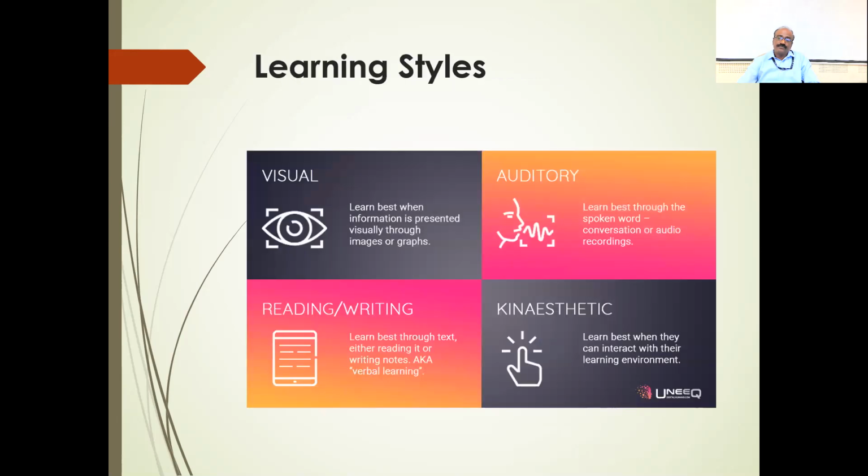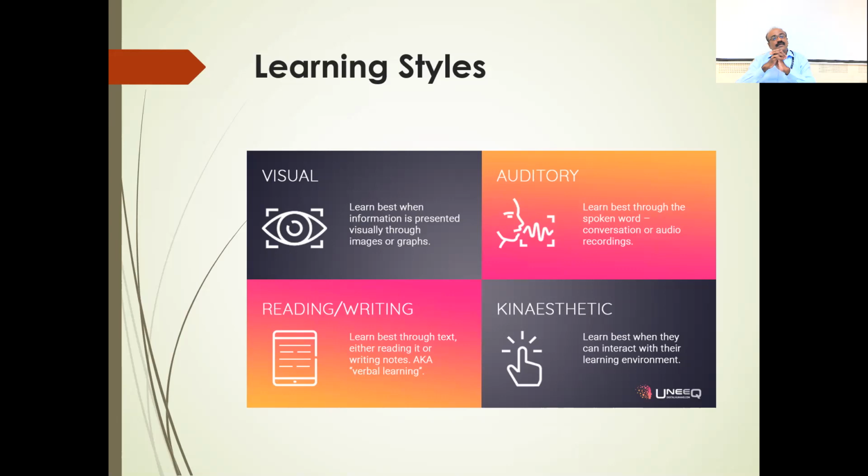Now, coming to the learning styles. So what are learning styles? Educational psychologists say individual differences do exist among learners in their learning styles. The three primary learning styles are visual, auditory, and kinesthetic.